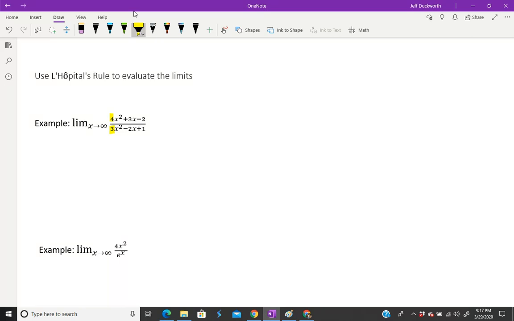Now, let's use L'Hopital's rule to verify that. So this, we know, equals infinity over infinity, if we just apply the infinity to the x squareds. Again, the x squareds are going to be the dominant ones. So this is going to go to positive infinity over positive infinity. So I'm going to use L'Hopital's rule.